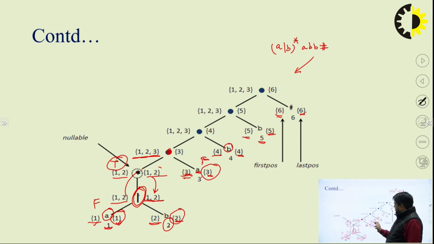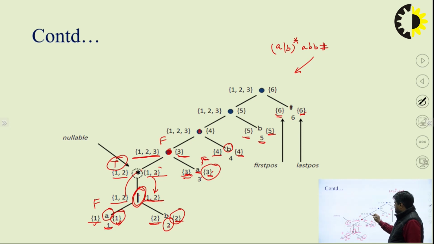If it were true, then it would depend on the last position of this one union the last position of this one. But it is false, due to that I have written here 3. Now you can see this is true, this is false. So what is the nullability of this one? It is false, right? Only if both children are true is it true. So here it is false.